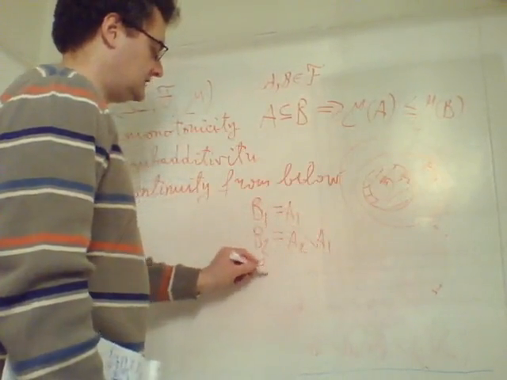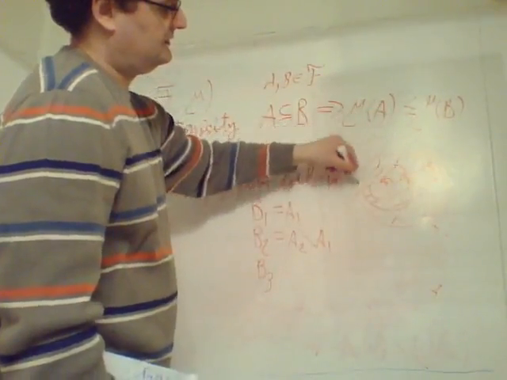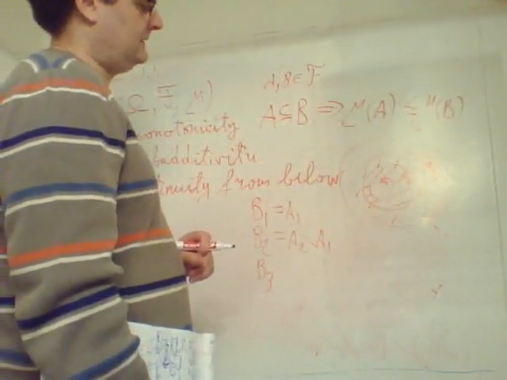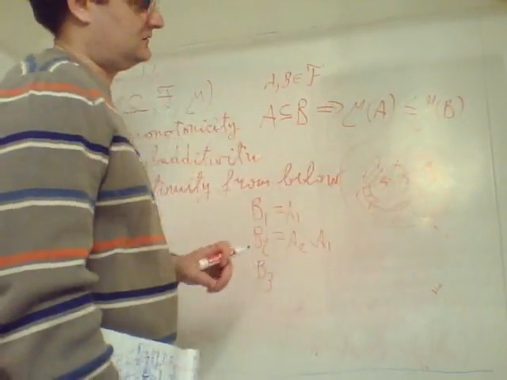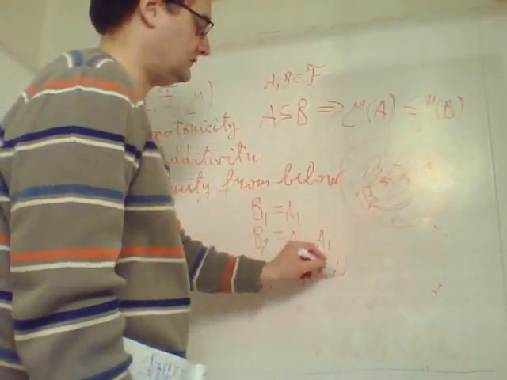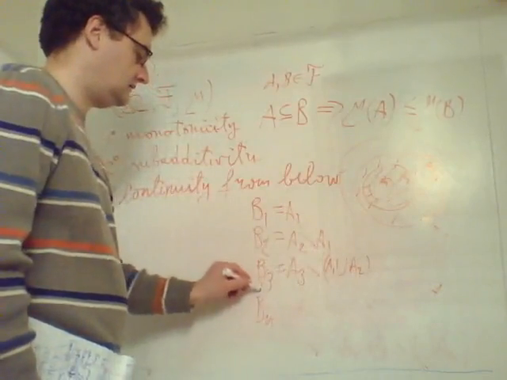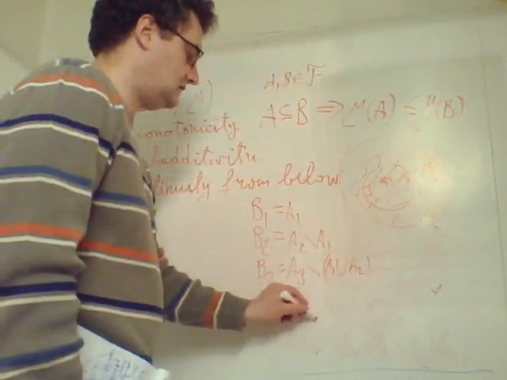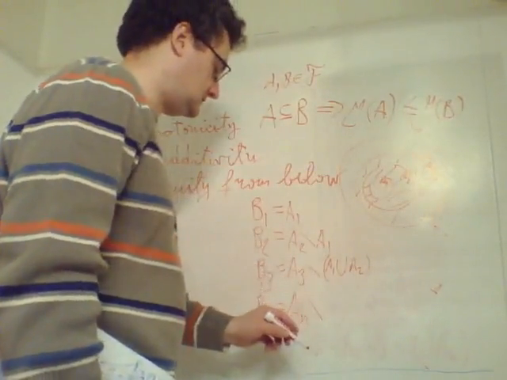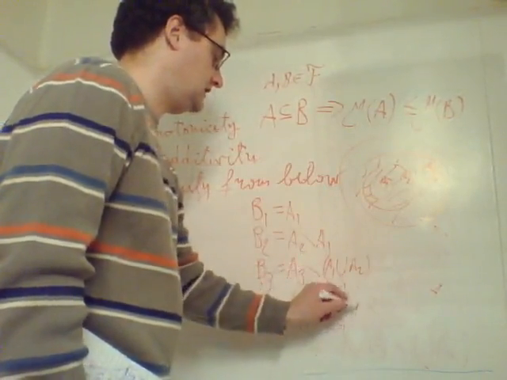Now B3 is going to be the contribution of the third set, A3, without contributions of the previous sets. So B3 is A3 minus the union of A1 and A2. And in general, Bn is An minus the contribution of the previous A's, so the union k goes from 1 to n minus 1 of Ak.